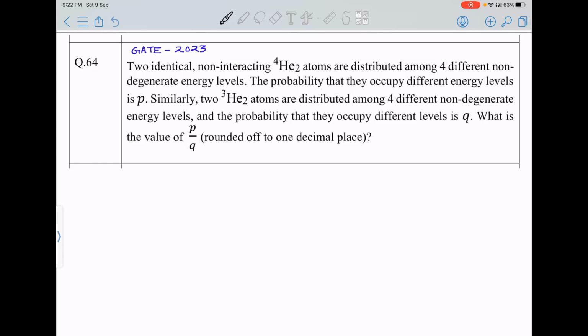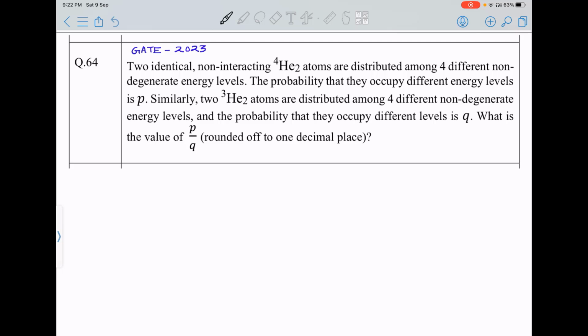So this question is from the GATE examination of 2023, and this is a numerical type question. The question states: two identical non-interacting helium-4 atoms are distributed among 4 different non-degenerate energy levels.